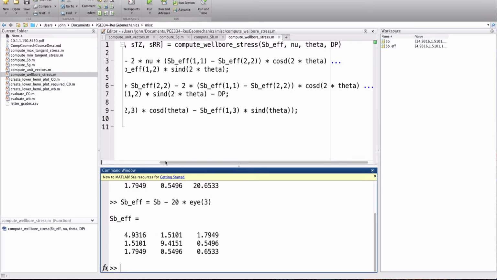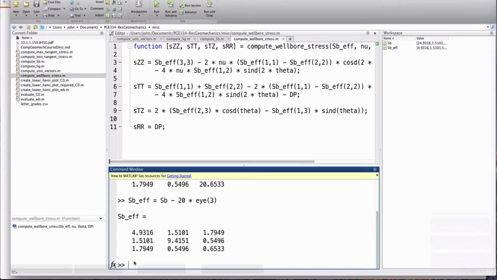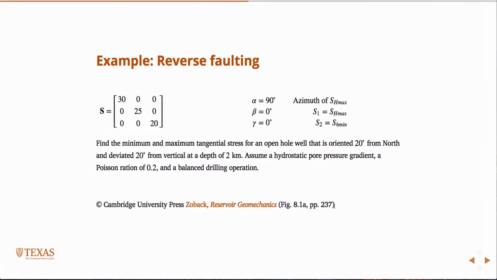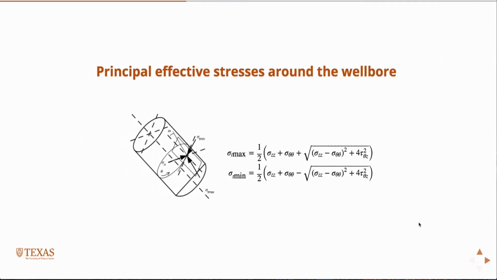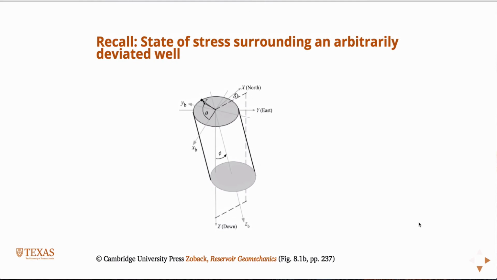And it returns all of the stresses, right? So they're just SZZ, S theta theta, S theta Z, S RR. Just to go back quickly, theta is just some angle measured from XB around the borehole.